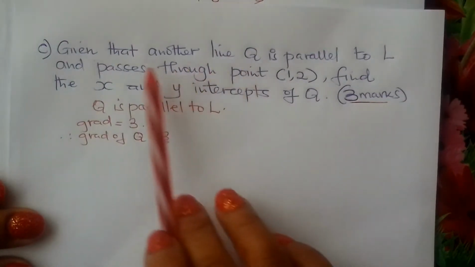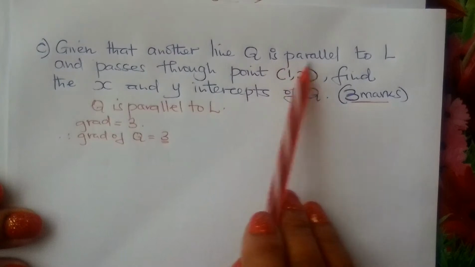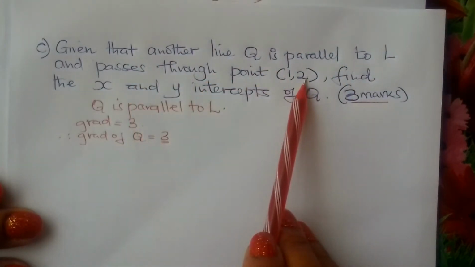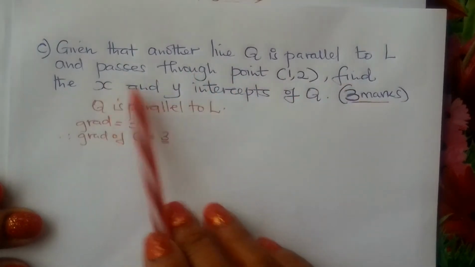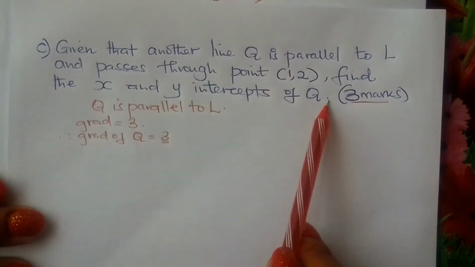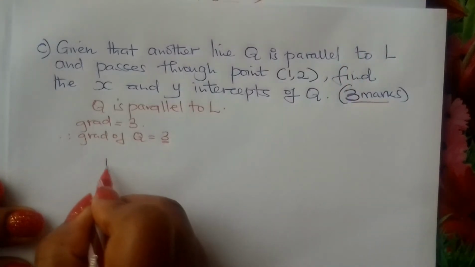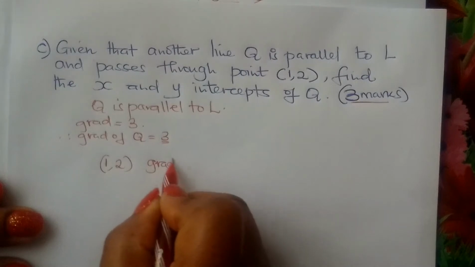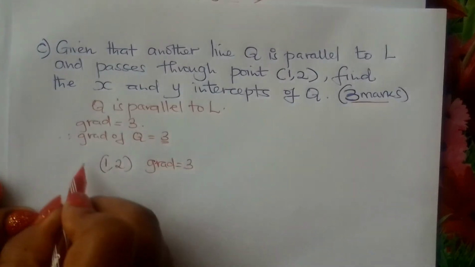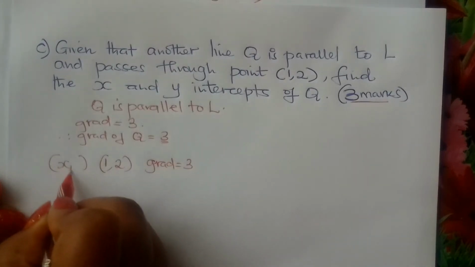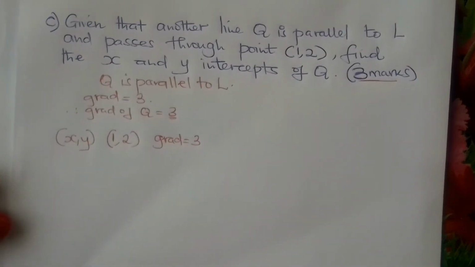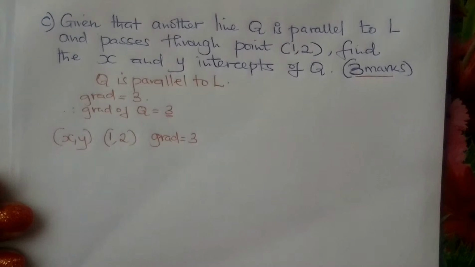So we are told that given that another line Q is parallel to L and it passes through 1, 2, Q passes through 1, 2. Find the x and the y-intercepts of Q. Its gradient learner is 3. We therefore come and introduce point x, y, so that we get the equation of line Q.